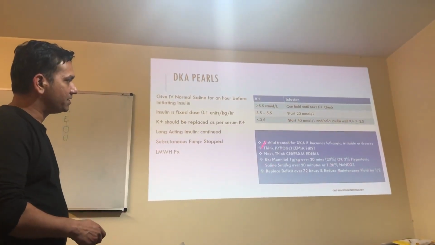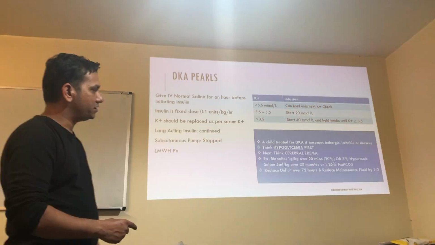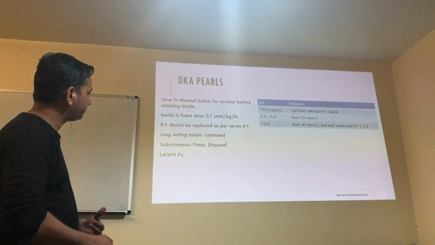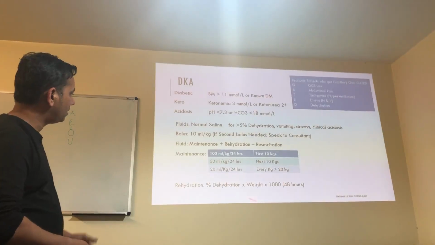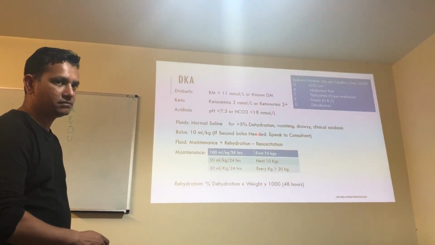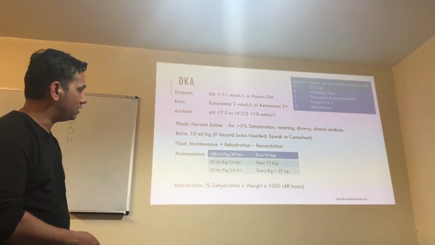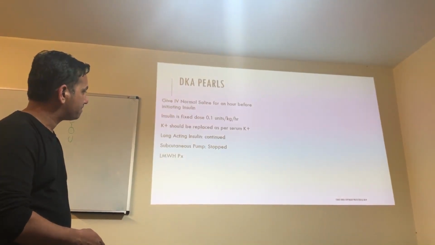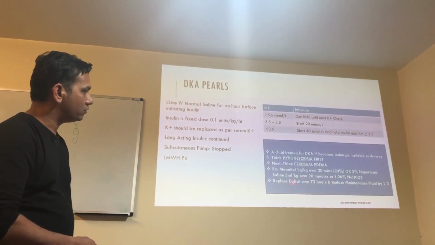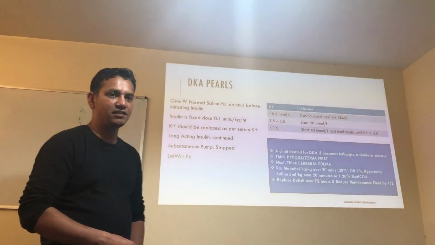If somebody is developing cerebral edema, what you have to do is replace the deficit, the one which we calculated here, the deficit, which is your rehydration, over 72 hours and reduce the maintenance by half.